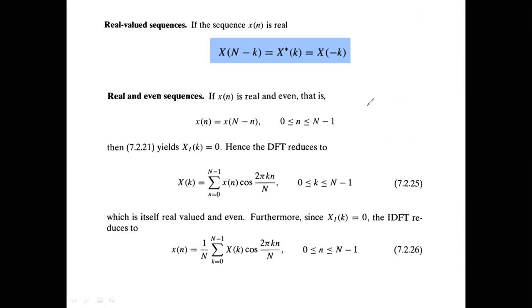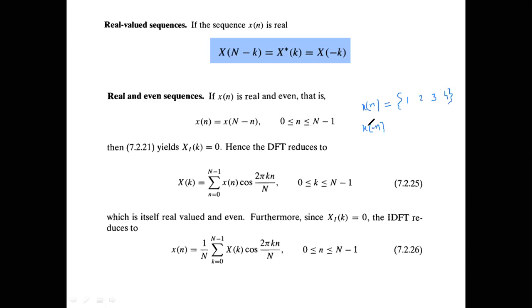Let's take one more example. Say I have a sequence x of n equal to 1, 2, 3, 4.